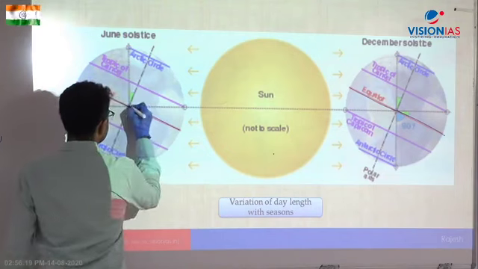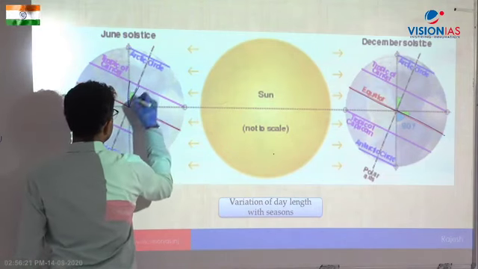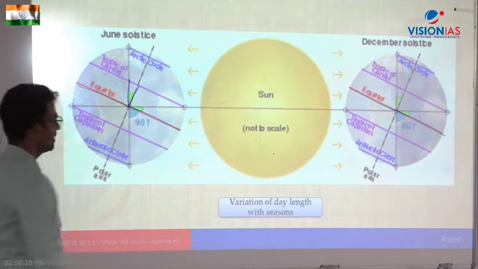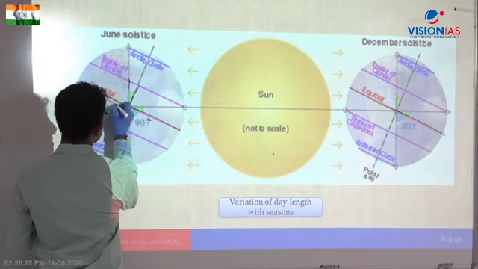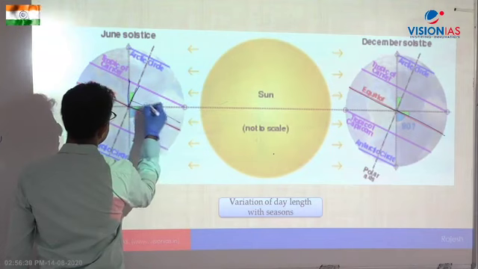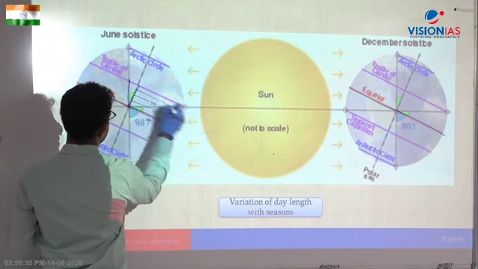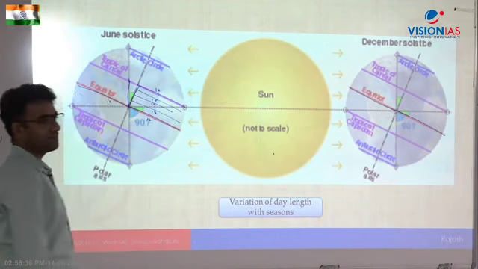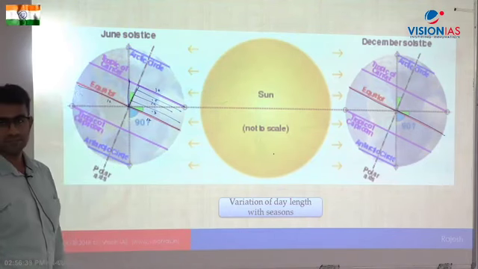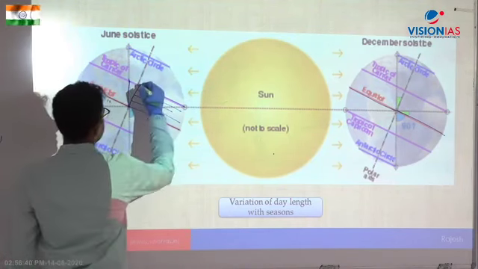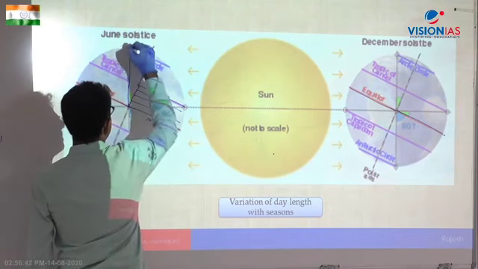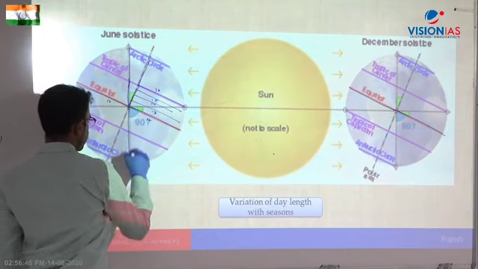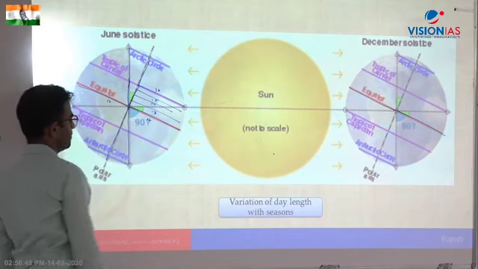From here, this portion, the difference would start to widen. Here it is 12 hours, here it is 12 hours, here it is 13 hours, here it is 14 hours, here it is 15 hours, here it is 16 hours, maybe. It will widen from the equator towards the pole.